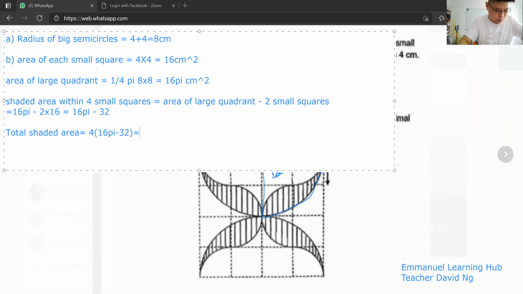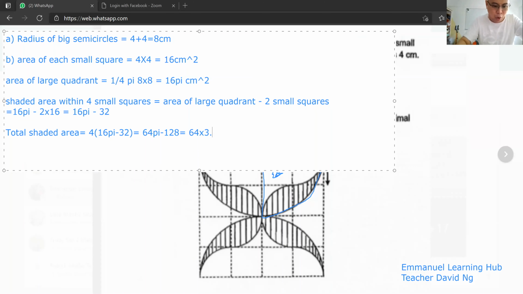That will be equal to 64 pi minus 128. 64 pi will be 64 multiplied by your calculator pi, right?